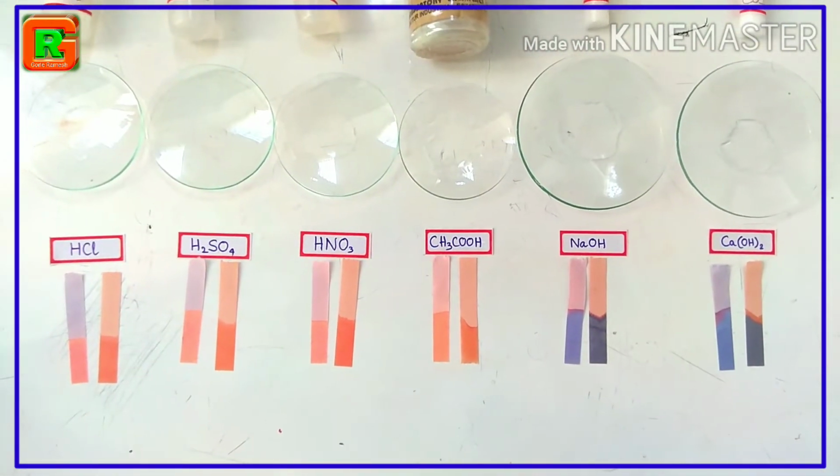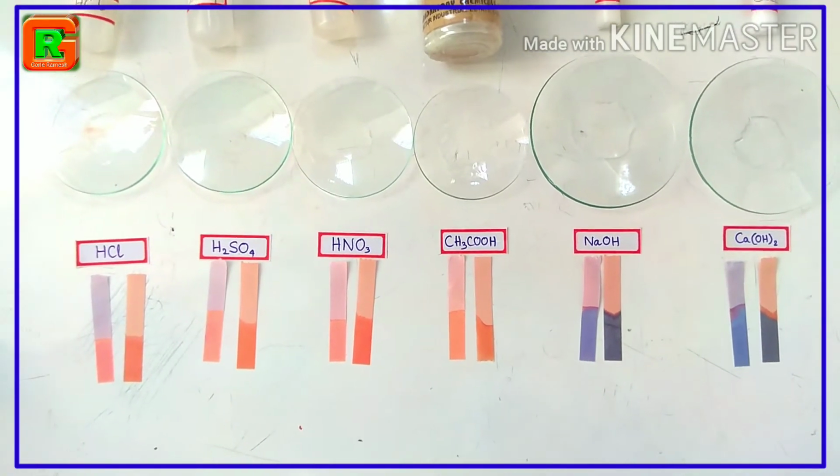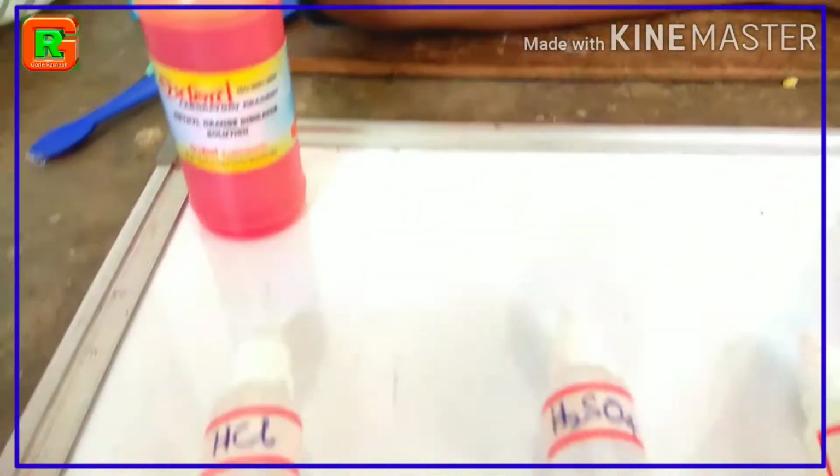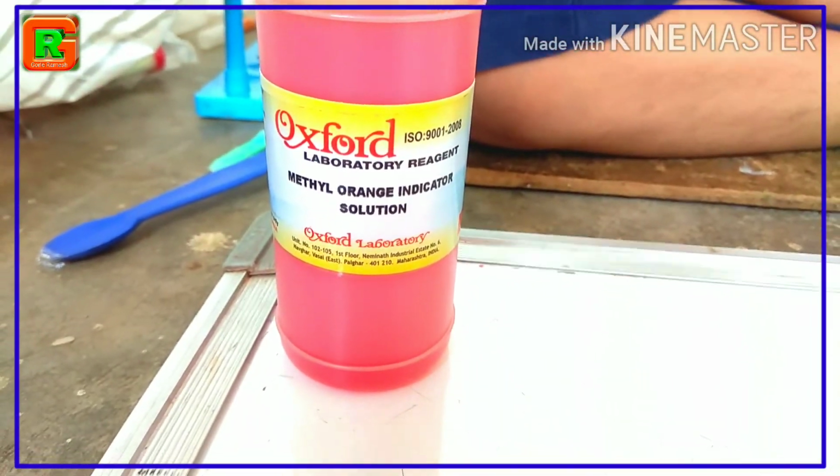Now, let us see how to find the acidic and basic nature of these substances by using synthetic indicators. Let us first use methyl orange.